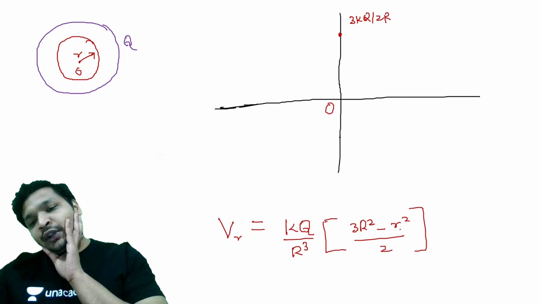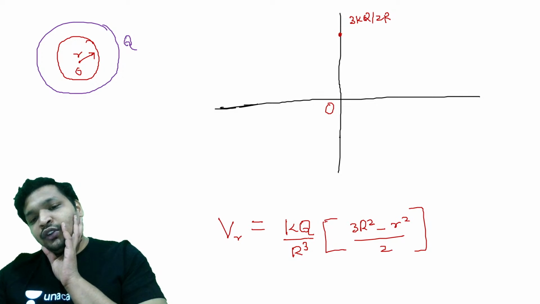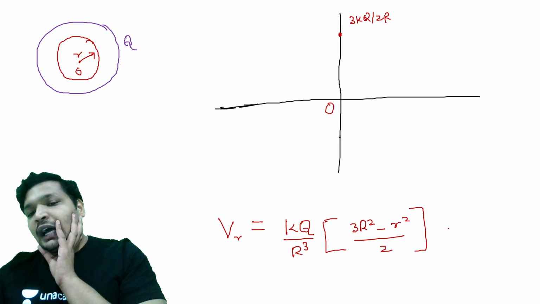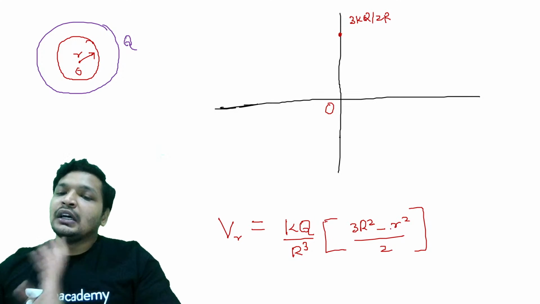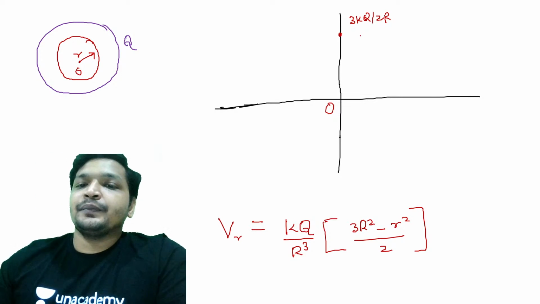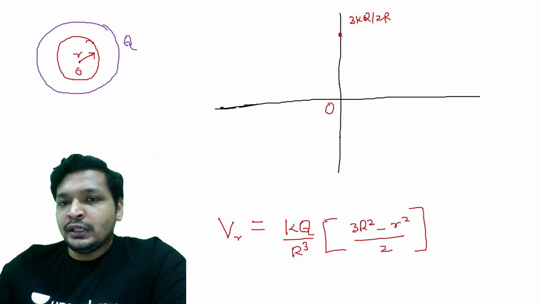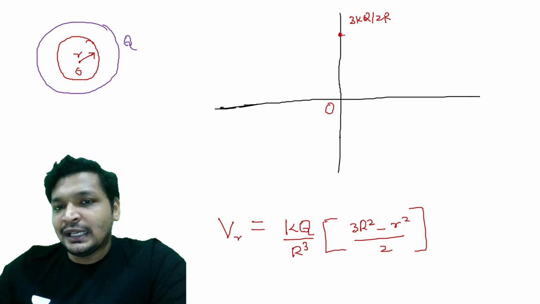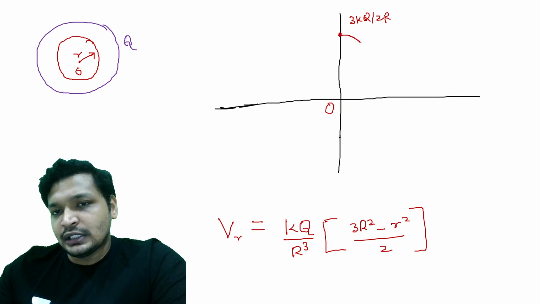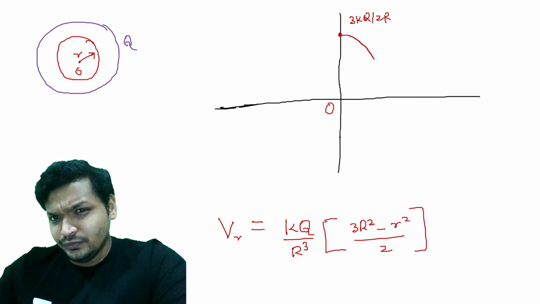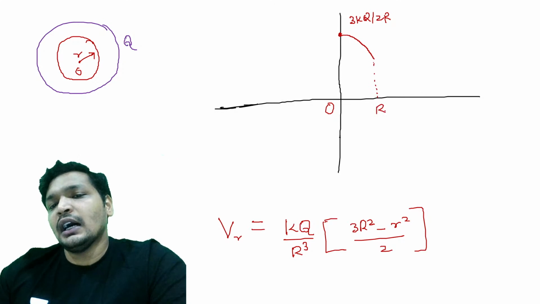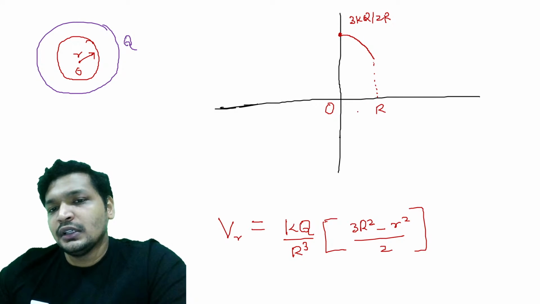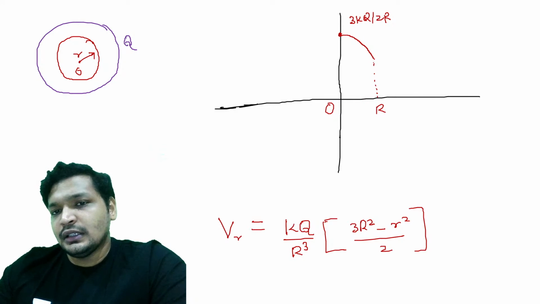Are you getting the correct value? You can verify it. Just substitute r equal to 0, and you'll get 3kq by 2R. Similarly, substitute r equal to capital R, and you'll get kq by R. So up until that point, from the center, it will keep decreasing like a square value, and on the surface, at r equal to R, it will look something like this.